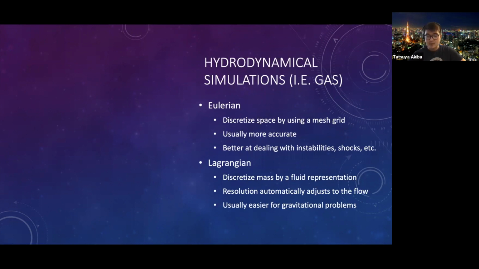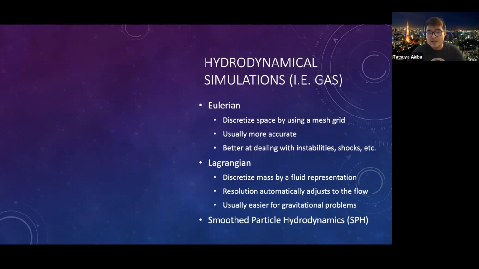And Lagrangians are usually easier to adjust for gravitational problems, specifically because of this resolution issue, right? If we don't already have this mesh grid in place, it's quite difficult to impose the Eulerian and discretize space, but the Lagrangian N-body hydrodynamical simulations can be directly added to your gravitational components.